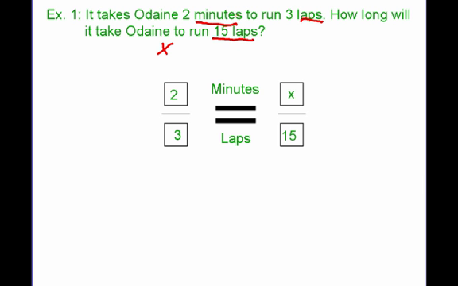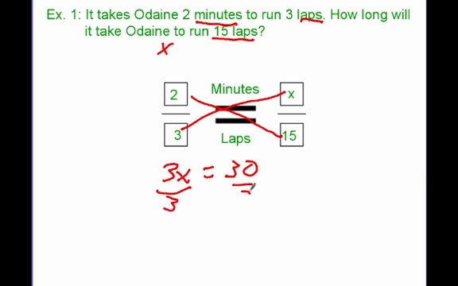Now to solve this problem, all I'm going to do is cross multiply. X times 3 is 3x, and 2 times 15 is 30. So I get 3x equals 30. Divide both sides by 3, and I get x equals 10. I have to put my units on here.